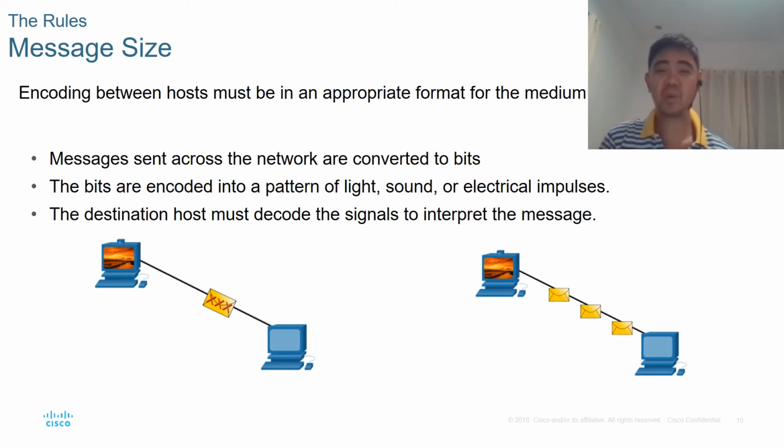Same thing in a computer network. If it's too big, it may be dropped. We will discuss that when we are in the data link layer, that there is what we call an acceptable message size, or frame. Usually that's the right term, frame.